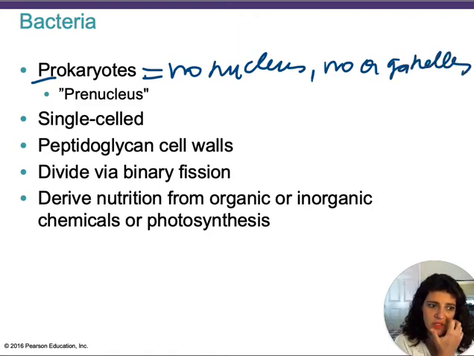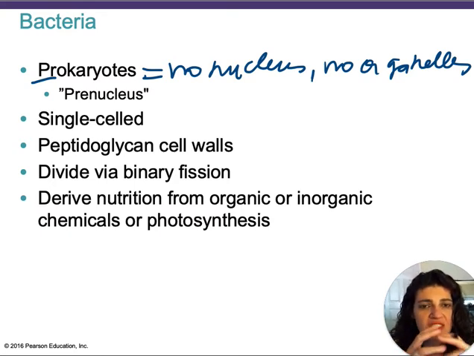We're going to talk more about this as we go. They are all single celled. If you see bacteria grouping together, it is many individual organisms grouping together, which makes a cluster, and they can make a colony, but each single cell is one organism.